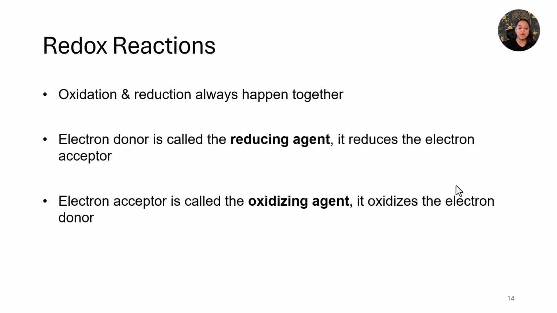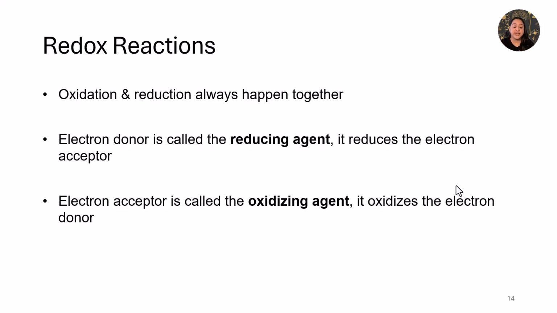Whatever donated the electron, we also call that the reducing agent because it reduced the electron acceptor. So it's kind of like the terms are flipped. It got oxidized, but we could call that atom the reducing agent because it reduced the electron acceptor.